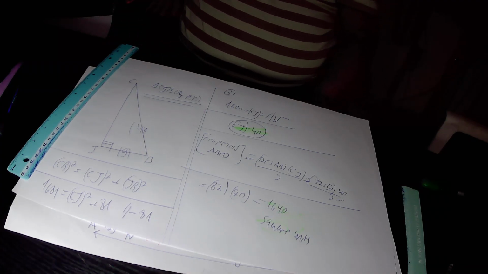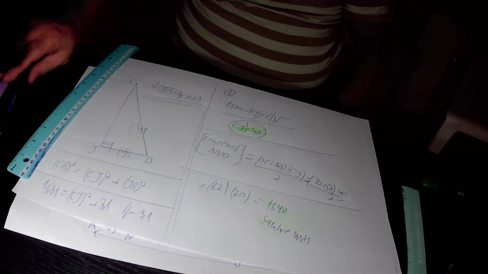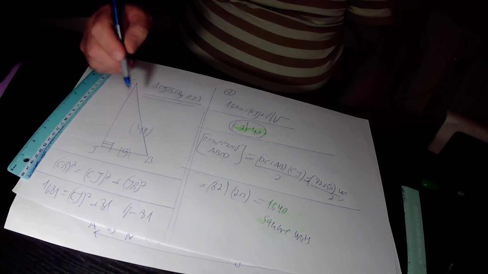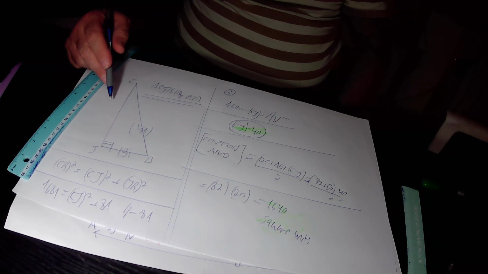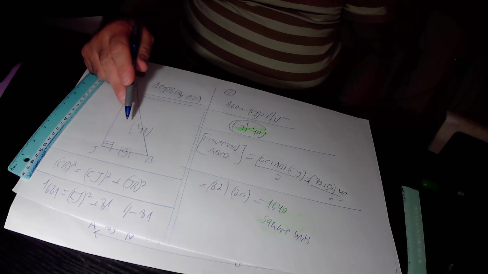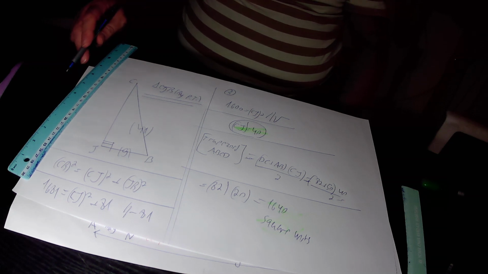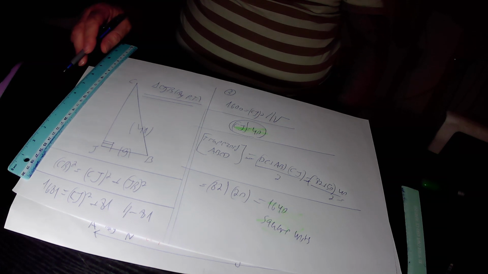CB is 41, therefore CB squared is 41 squared, that is 1681, plus CJ squared. CJ is the missing side. JB is 9, therefore JB squared is 9 squared, that is 81. So in total 1681 equals CJ squared plus 81.